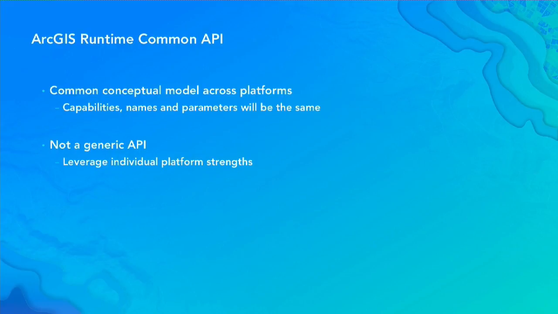So it's all based on what we refer to as this Runtime Common API. We have this common conceptual model across all of our platforms. We try very hard keeping the capabilities the same, where some platforms have more capabilities than others, but that's more based on a platform restriction rather than the team just didn't have time to implement it type thing.